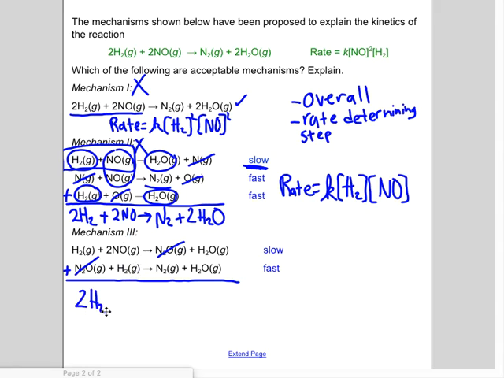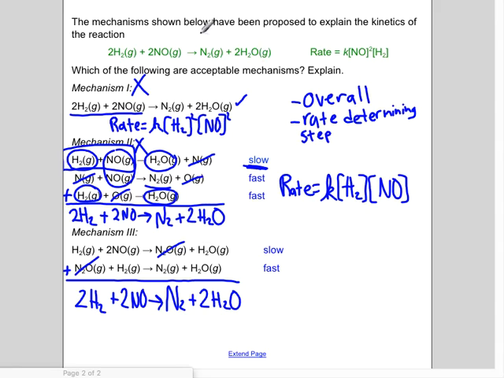So basically I'm just writing anything that was on the left side of any step all gets combined to be the left side of your overall. Okay, and then on the right side, we've got an N2 and 2 H2Os, so we can write N2 plus 2 H2O and compare this overall reaction with the equation we were hoping to get, and it is the same.